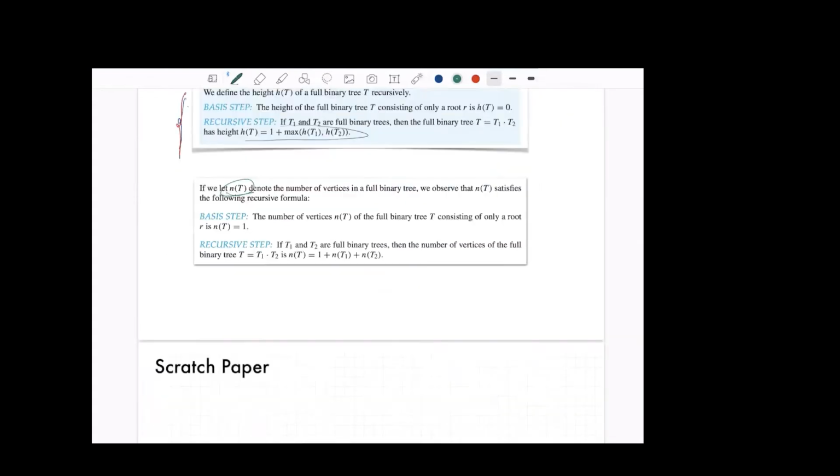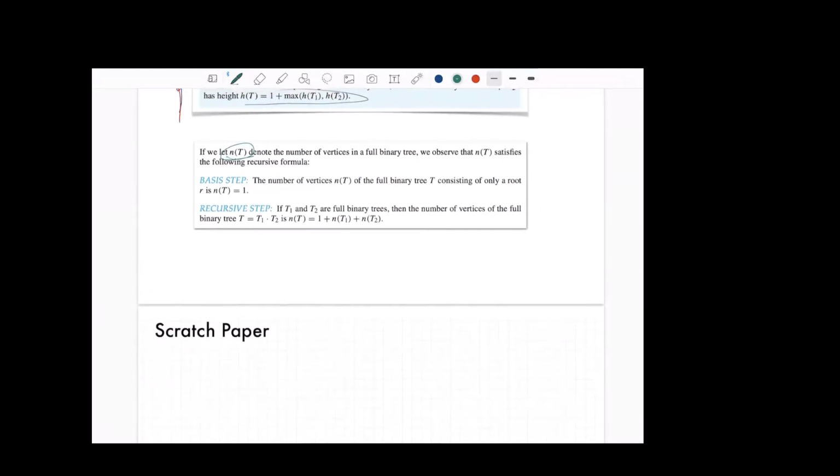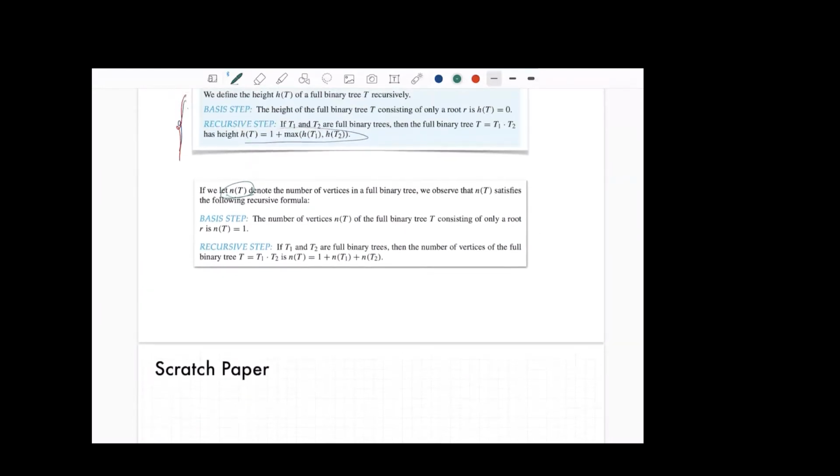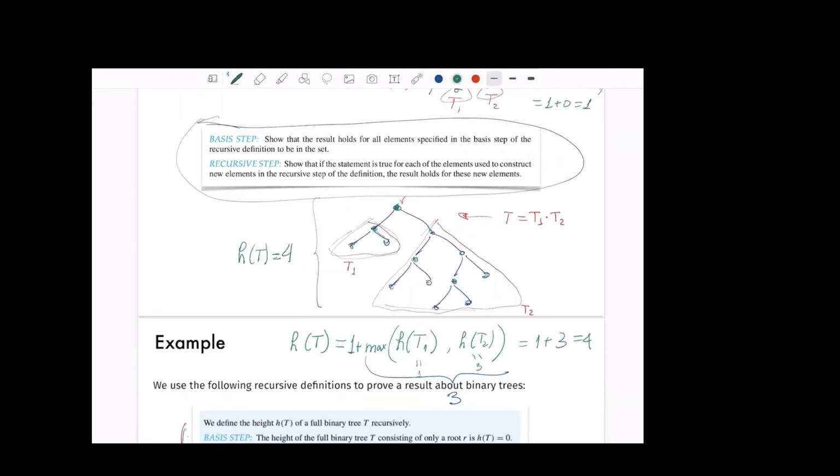So the number of vertices in a full binary tree satisfies this relationship here. If you just have a root, if you have just one tree generated at the basis step, well, that has one node. So the basis step tells me that there is only one node in the tree. And the recursive step adds one more node every time, right? So it takes one node like this and connects it to two subtrees.